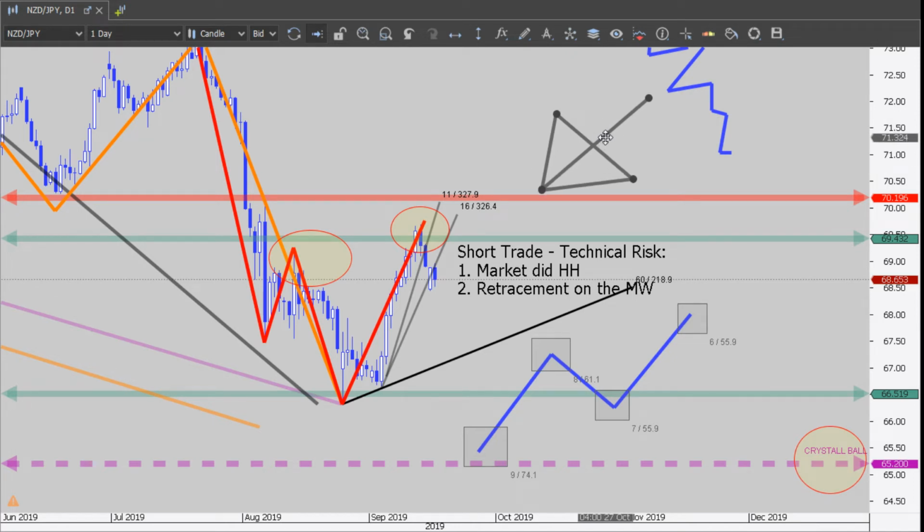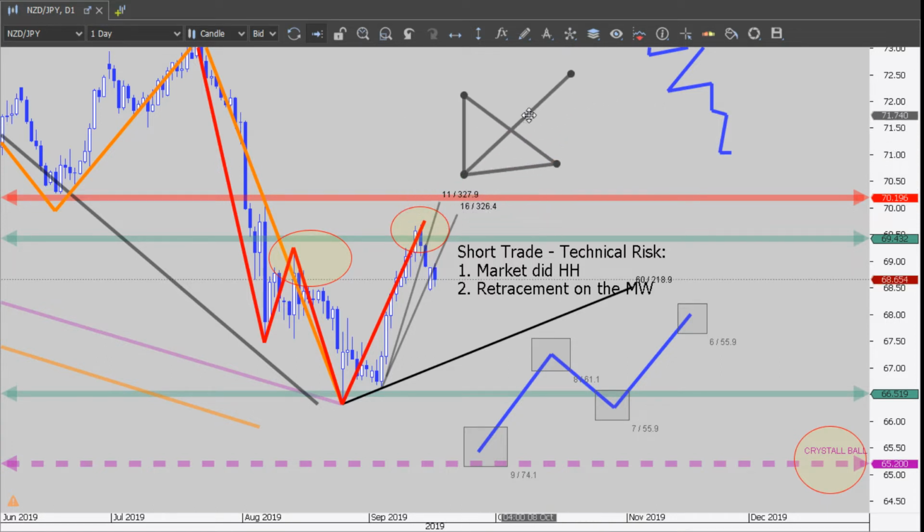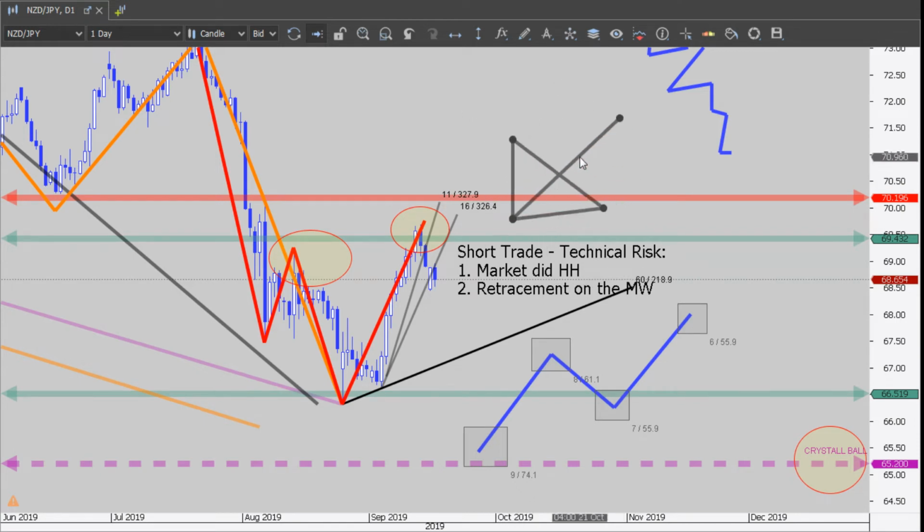Don't mix, everyone, long-term bias with short-term trading. It's not the same. Don't mix apples with bananas and oranges. Oh, but it's all fruit. Yes, it is, but you need to address the technical risk from the monthly. It is going to be different from the technical risk from the weekly, and is going to be different from the technical risk from the daily.